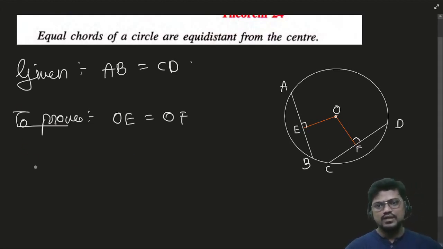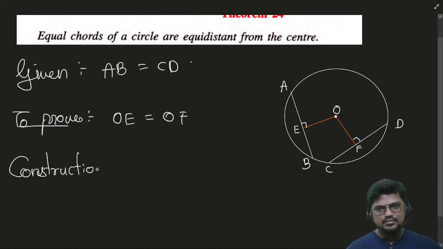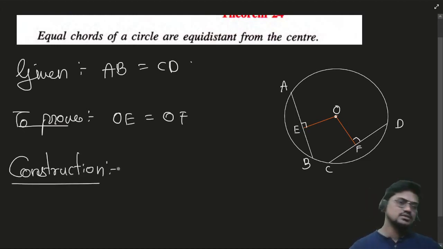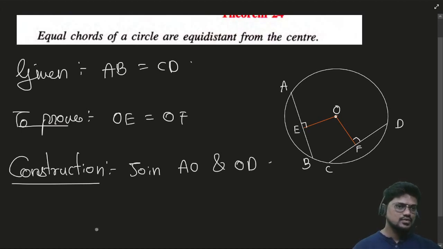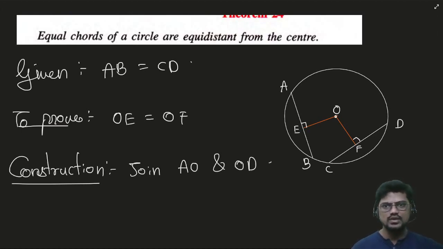Now to prove it, we will have to do some construction in it. The construction that you have to do is join AO and OD. If I join AO and OD, see what happens.